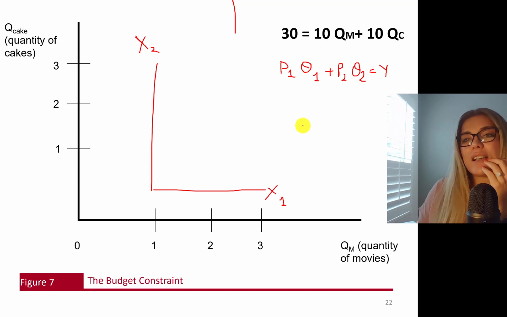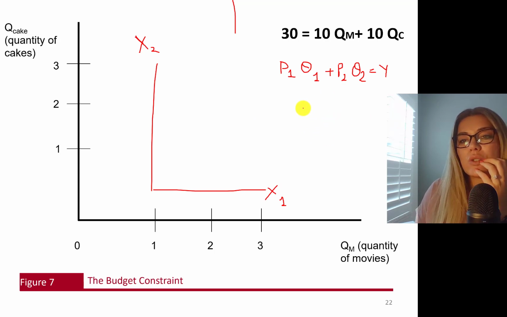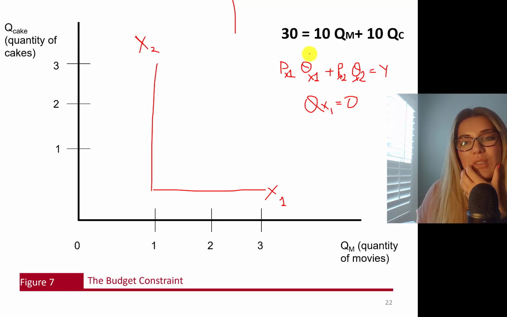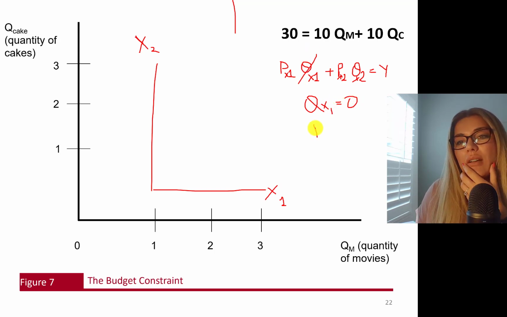So a couple of things I want to teach you. What if quantity of x1 is 0? Let's say I'm going to consume no x1. So this one disappears. So you have p x2 times q x2 equals y. I'm trying to find q x2.